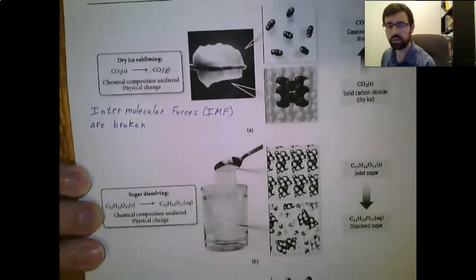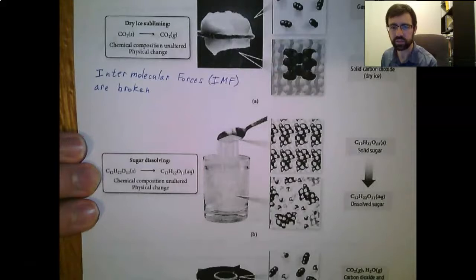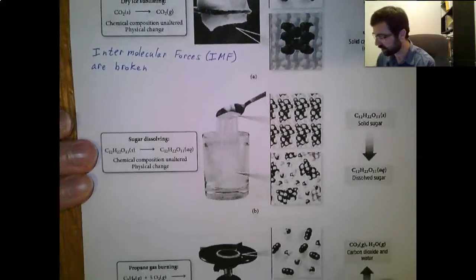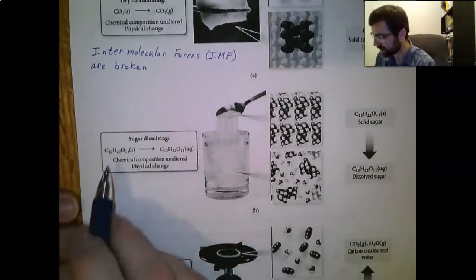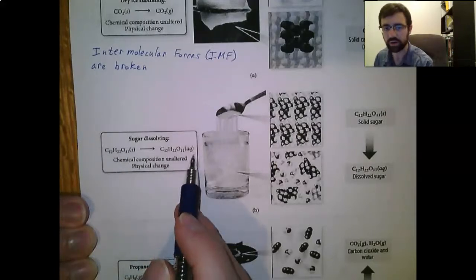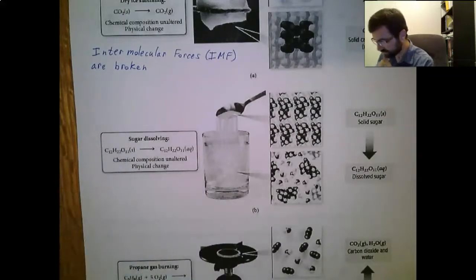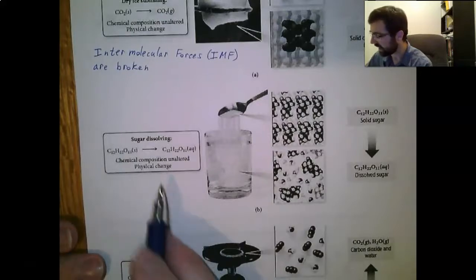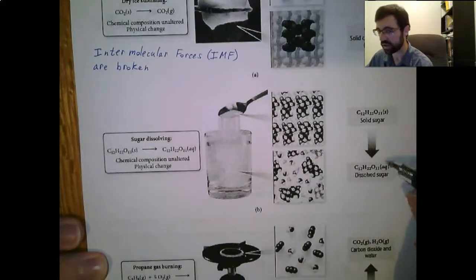All right, what about this one? This one kind of confuses people sometimes. We have something dissolving, like sugar dissolving. Well, it was sugar, and now it's sugar dissolved in water. Well, this is still a physical change. It's still sugar, it's just dissolved.